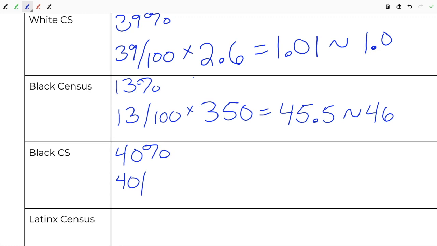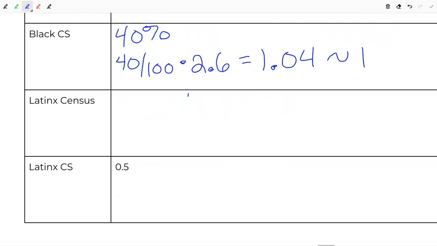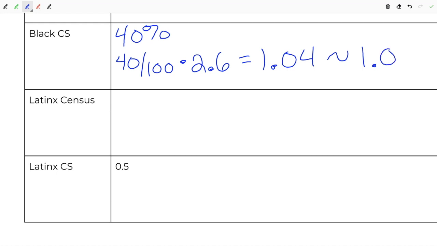So that's 40 out of 100 times 2.6, which is equal to 1.04, which rounds to 1.0.